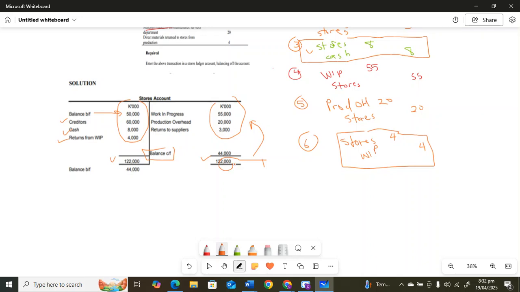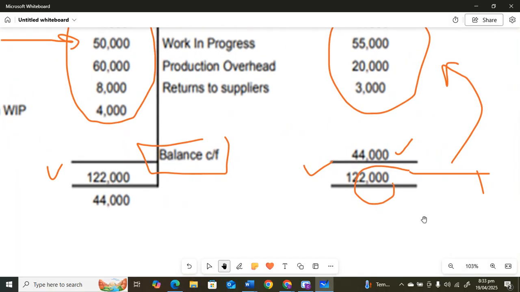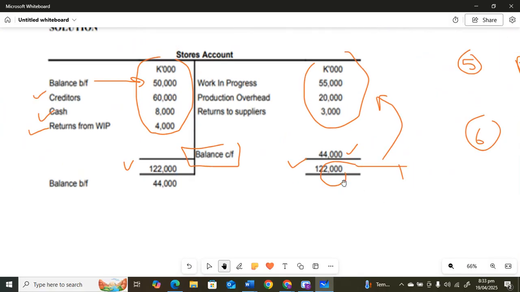So 122,000 minus 78,000 gives us 44,000, our balance carried down here. And then in the next month, it becomes your balance brought down, 44,000.